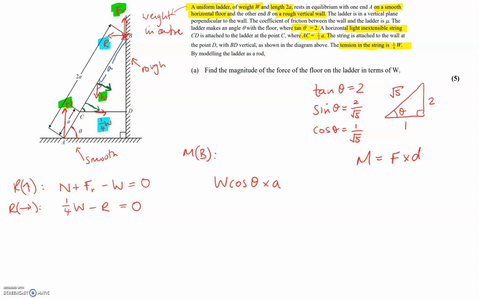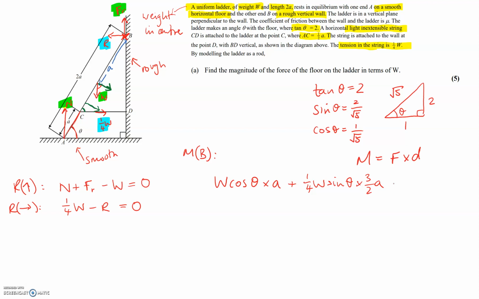So I can call that a quarter W, and this is going to be sine theta, because it's opposite the angle this time. And the distance from B is 1.5 A, because there's a half A down here and the whole thing is 2A, so that's going to be 1.5 times A.